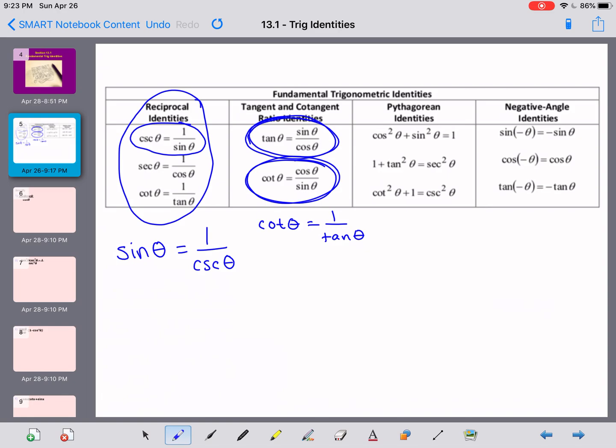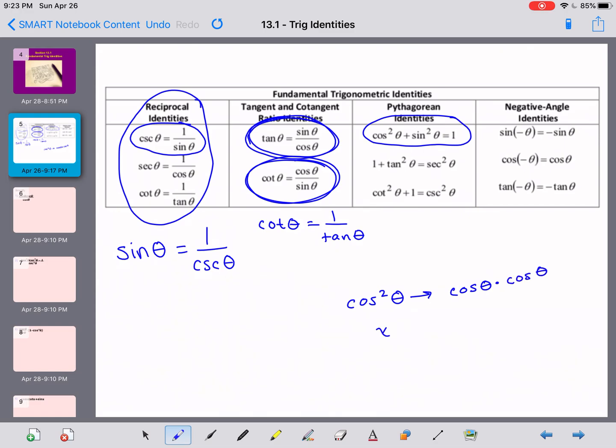Pythagorean identities are new. And you can look up where these things come from, but just know that this is a true statement, that cosine squared theta plus sine squared theta is equal to 1. Now, cosine squared theta, what does that mean? That means cosine theta times cosine theta.